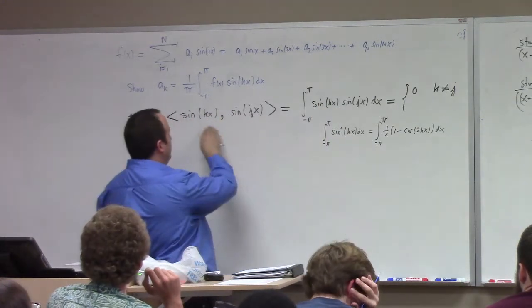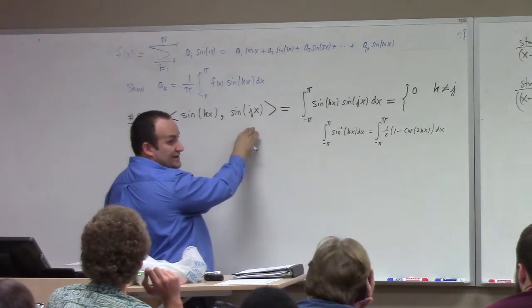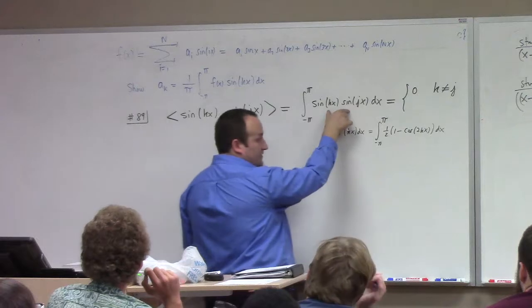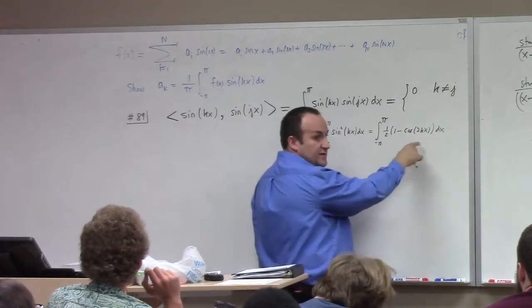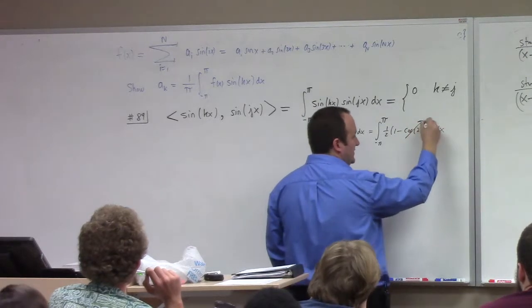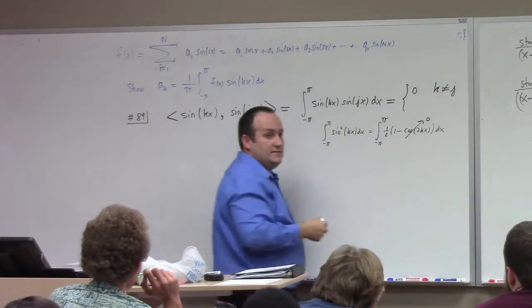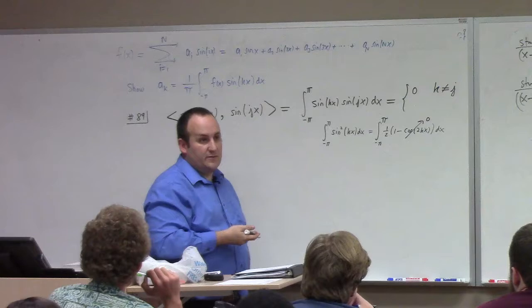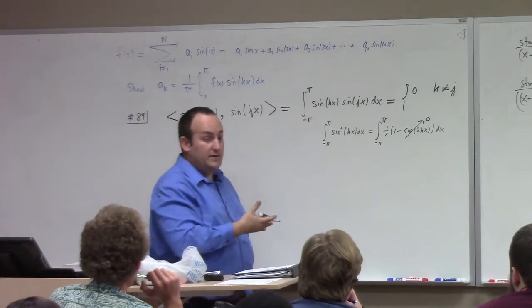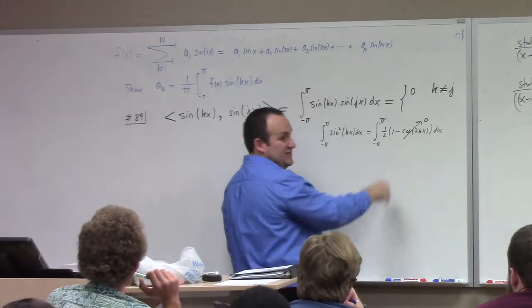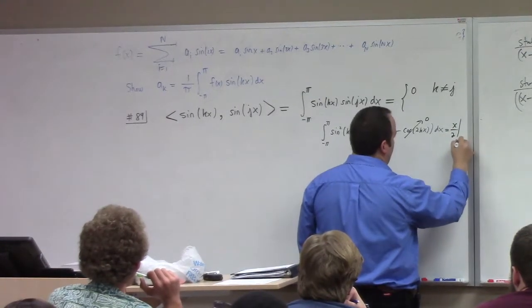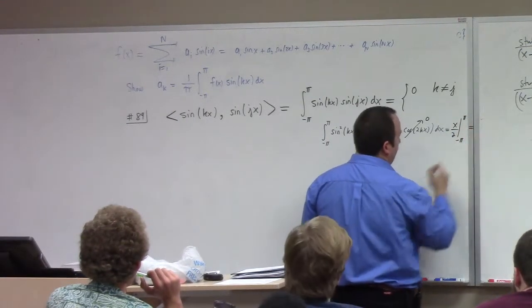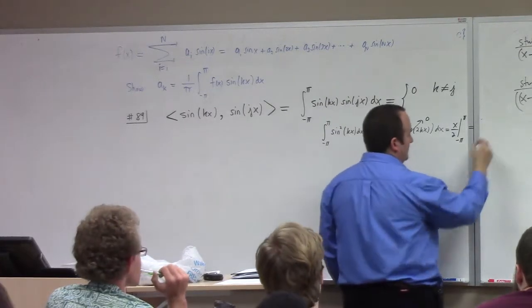Orthogonal, perpendicular, means that the definition for these functions is that this integral works out to 0. So when j is not equal to k, as in 89, you calculate this integral and you get 0. But if k equals j, what happens? This piece goes to 0 because it integrates to sine, which evaluates to 0 between minus pi and pi. So all that remains is x over 2 evaluated from minus pi to pi, which is pi.